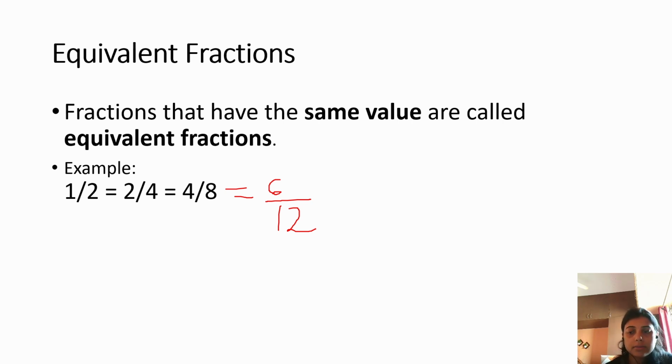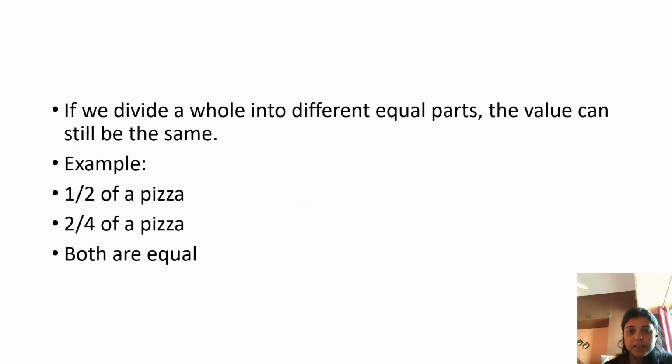You will get clear after this. In this slide, if we divide a whole into different equal parts, then we will get the same value. For an example, if we have a pizza, let's say I will cut this pizza into two equal halves, and one half I will shade.